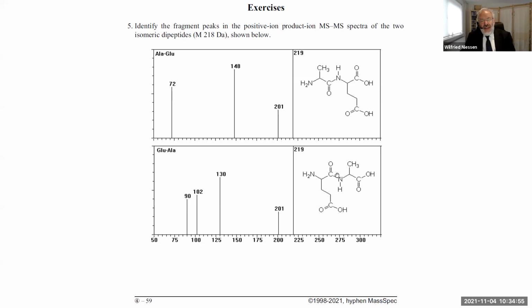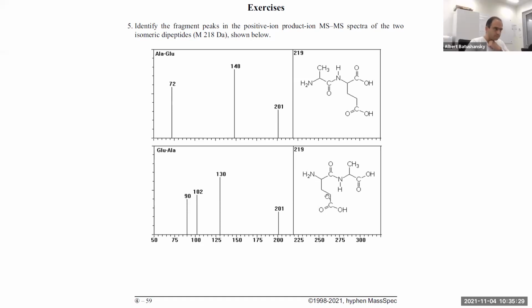If you say I have the cleavage at the peptide bond, and I explain the 90 and the 130, then I would expect that the 102 is actually the CO loss from the 130. Which is more likely than getting a loss of C2H4, because then we have to take that out from the middle of the molecule, and that's not very likely.